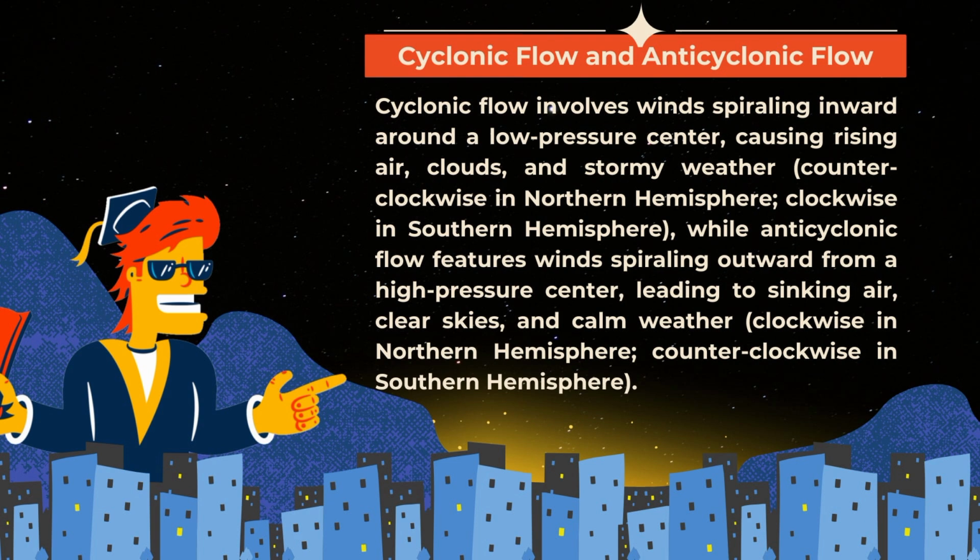The air in the cyclonic flow converges, or moves inward, and rises. In the northern hemisphere, the flow or the circulation of the air is counterclockwise, while in the southern hemisphere, it moves clockwise.